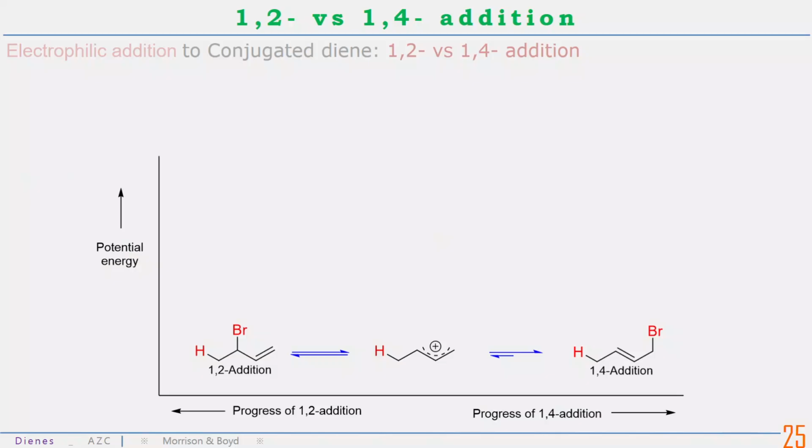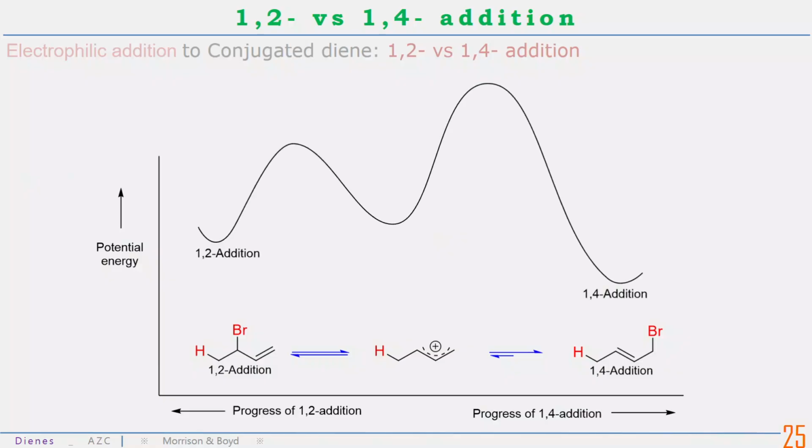Let us examine the matter of 1,2 and 1,4 addition more closely by drawing a potential energy curve for the reactions involved. The carbocation initially formed reacts to yield the 1,2 product faster than the 1,4 product. Consequently, the energy of activation leading to the 1,2 product must be less than that leading to the 1,4 product.